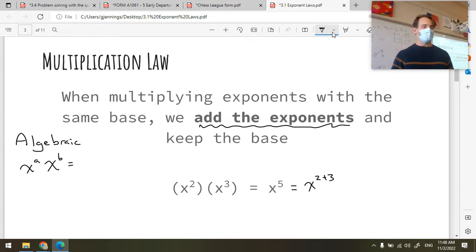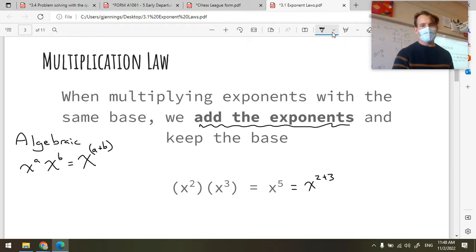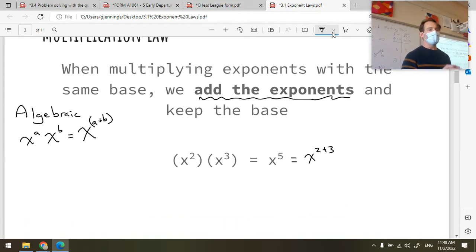I'm still waiting for the correct answer. X to the a plus b. That goes in the algebra box, so that I have a model to study from. So when we're multiplying powers that have the same base, you add the exponents together.